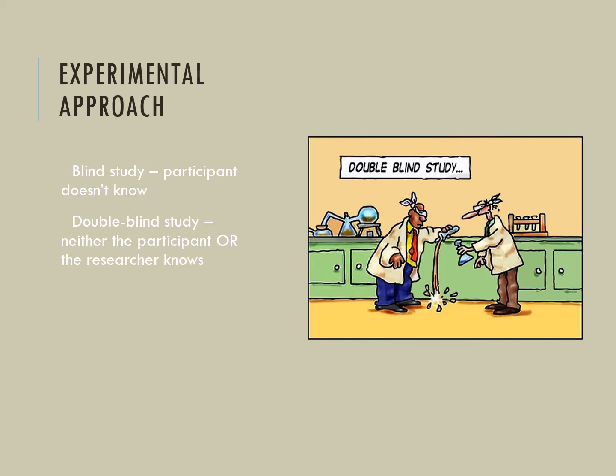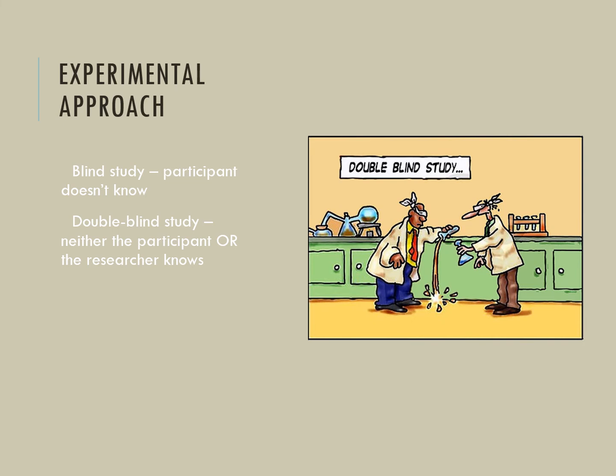All right, and another very common approach when you are conducting research is to have a certain amount of blinding. So a single blind study means that the participant doesn't know if they are receiving the intervention or the control.